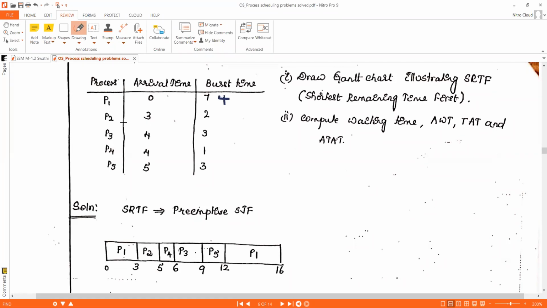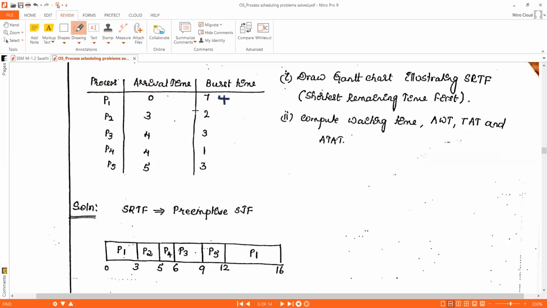At clock time 3 milliseconds, process 2 arrived with a burst time of 2 milliseconds. Now the operating system will compare these two processes: the process which is already inside the CPU and the newly added process in the ready queue.